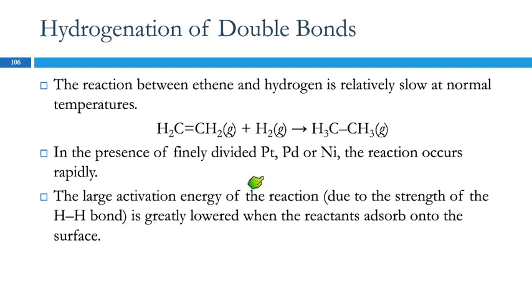But if we have the catalyst, platinum, palladium, or nickel, finely divided, little tiny particles, that causes the reaction to occur very rapidly. The large activation energy of the reaction, because of this strong double bond, is lowered when that substance adsorbs onto the surface of the catalyst.